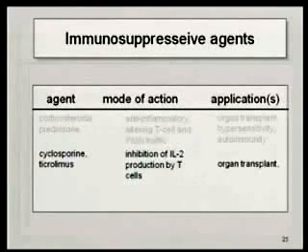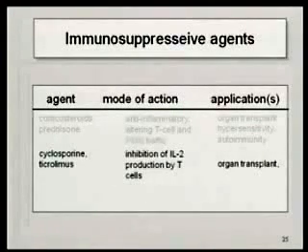Cyclosporin and tacrolimus, those are the two most popular immunosuppressive agents. And there's a third one I'll talk about that is in the same category. And these three work via the IL-2 pathway. Tacrolimus and cyclosporin inhibit the production of IL-2 cytokine.